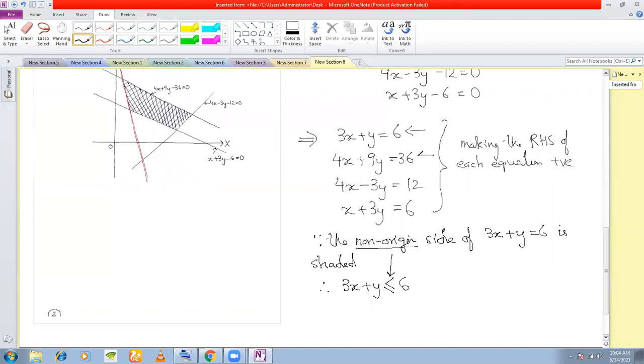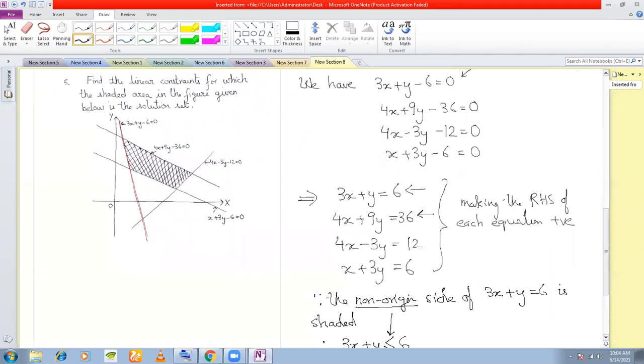Consider the next equation, this one. Which one is the equation of 4x plus 9y is equal to 36? I think this is the line here. If this line, which side is shaded? The origin side is clearly shaded, right?